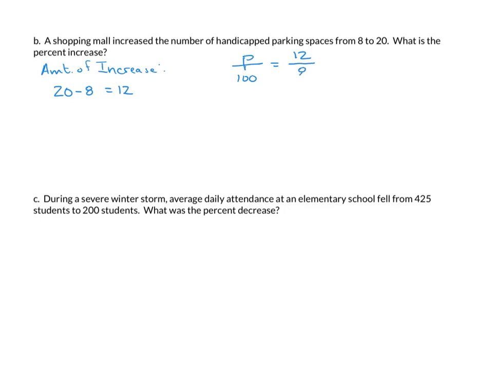We started with 8 spots. All right, if we cross multiply, we get 8P equals 1200. And if we divide by 8, we get P equals 150%.